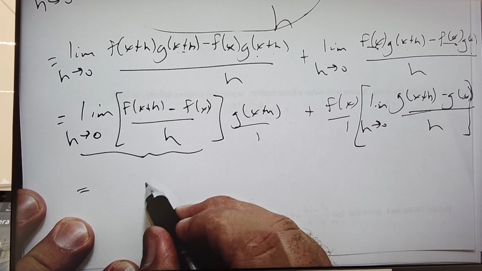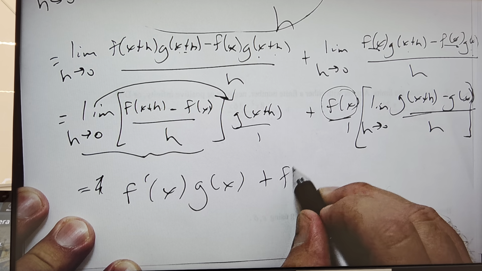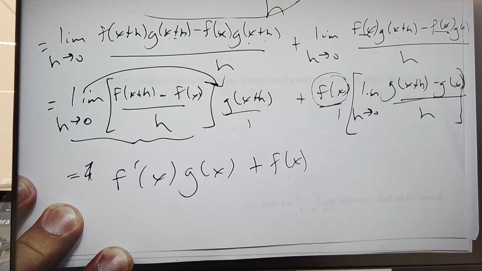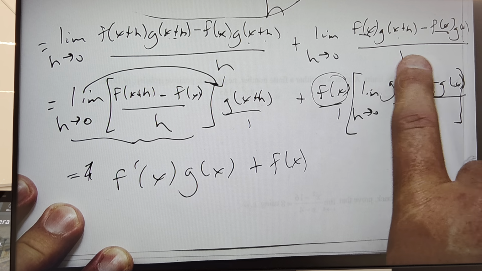And this is still the limit here. And what's the limit as h goes to 0 of this? f prime. What's the limit as h goes to 0 of this? What happens when h goes to 0 here? What do you get? g of x. That's f of x, yes? And then what's this?